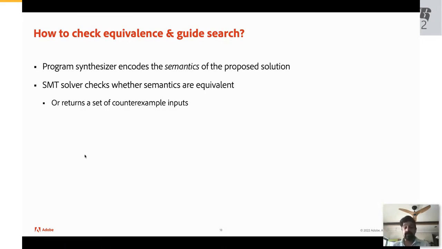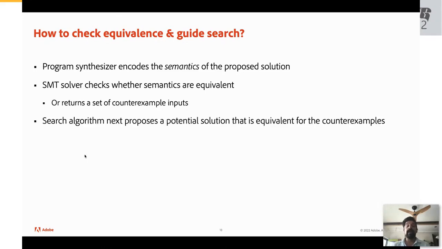And this SMT solver checks whether the semantics are equivalent using a very difficult algorithm, let's say. I'll talk a bit more about that later. And it either returns yes for all inputs, so these are equivalent, that is, the proposed program is equivalent to the input program, or it returns a set of counterexample inputs. So these counterexample inputs are the key for making our search efficient.